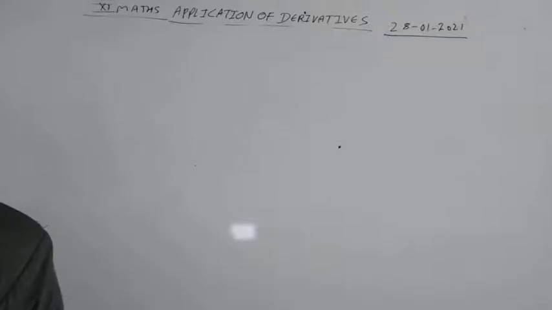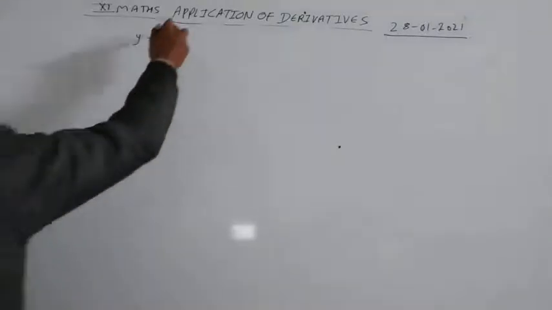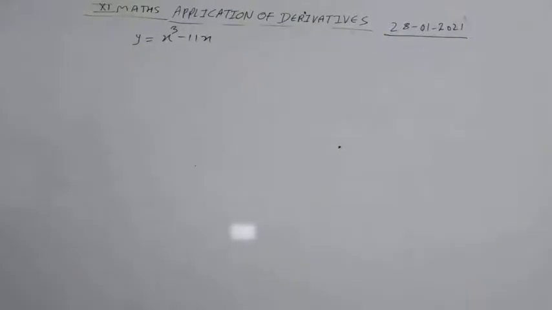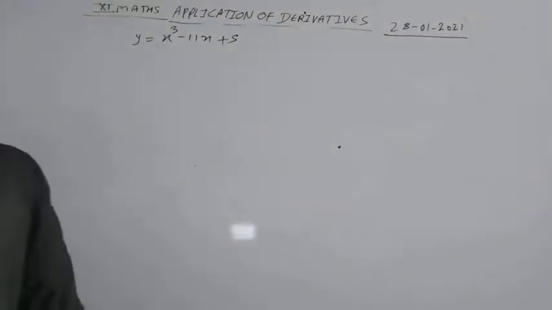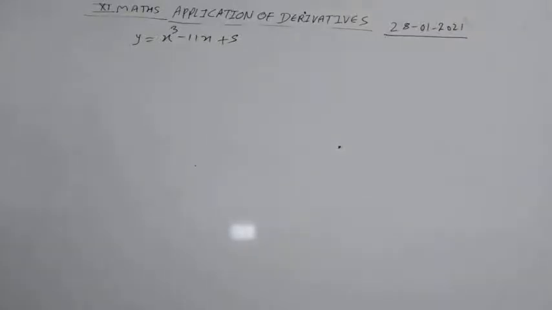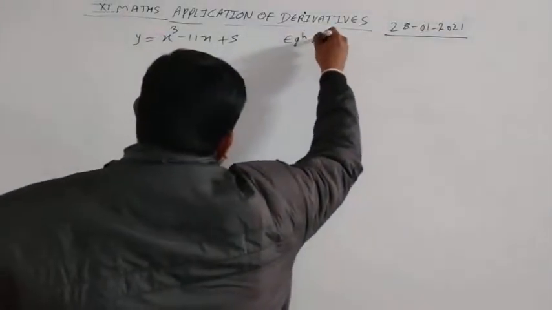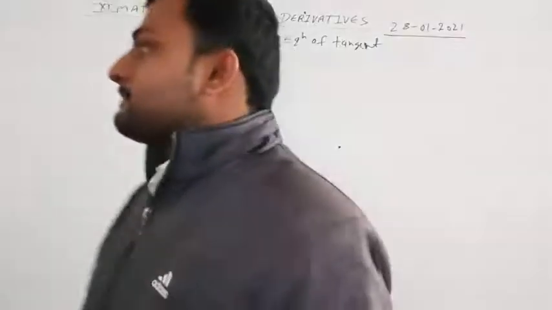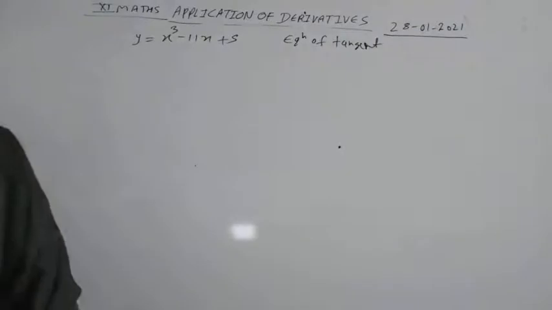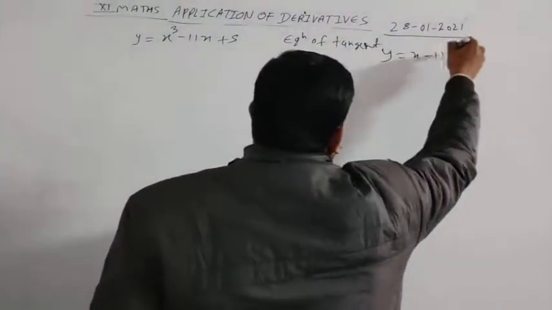Our next question is, student: find the point on the curve y = x³ - 11x + 5 at which the equation of the tangent is y = x - 11.